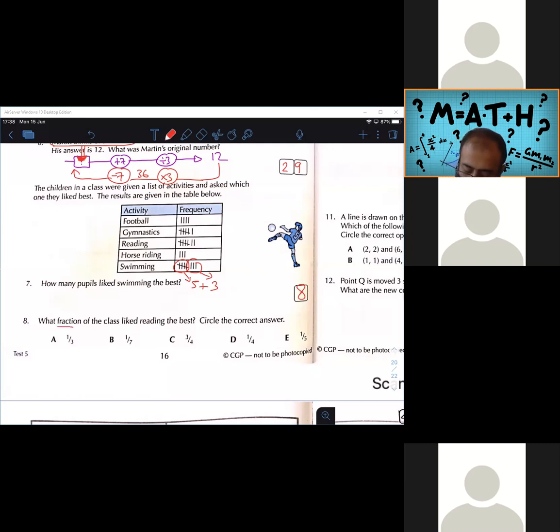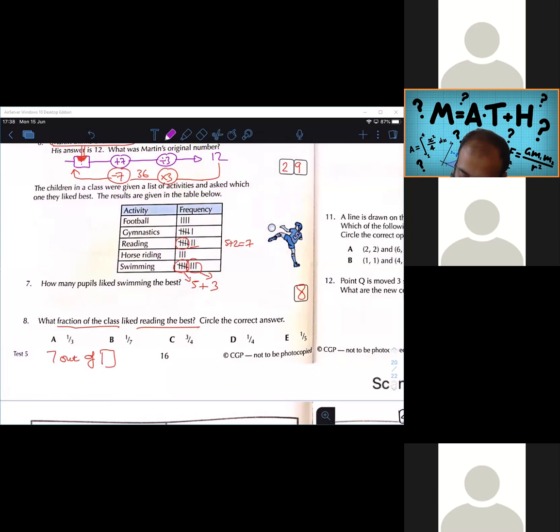So what fraction of the class like reading the best? So we have 5 over here and 2. So 5 add 2 is equal to 7. Now we need to know how many children are in the class. In order for us to work out how many children are in the class, we've got to work them all out.